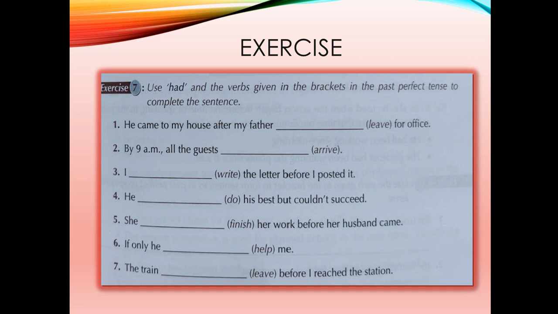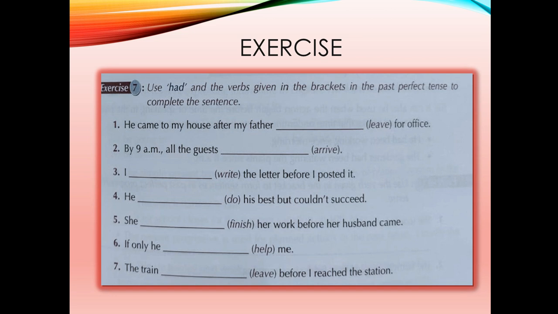So children, we remember here we have to use had plus V3 form of the verb. So he came to my house after my father had, and then V3 form of leave, that is left. So he came to my house after my father had left for office.